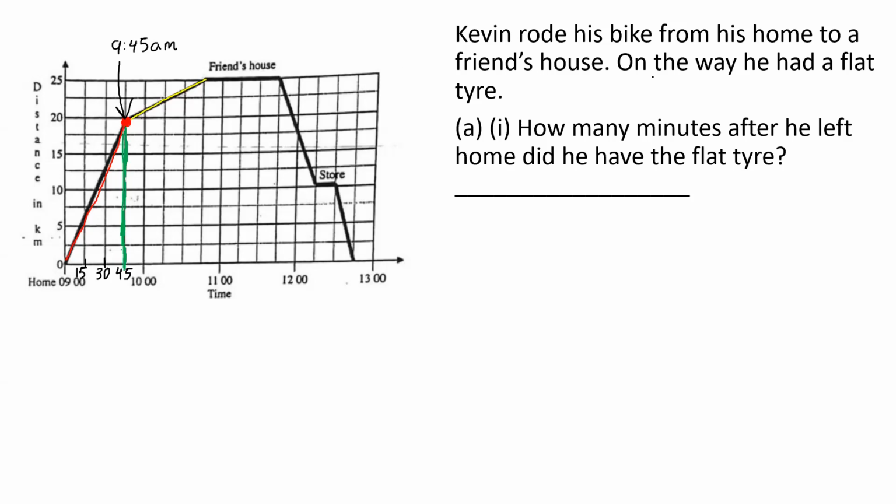Now the question asks us how many minutes after he left home did he have the flat tire? So how are we going to do that? We're going to say 9:45.